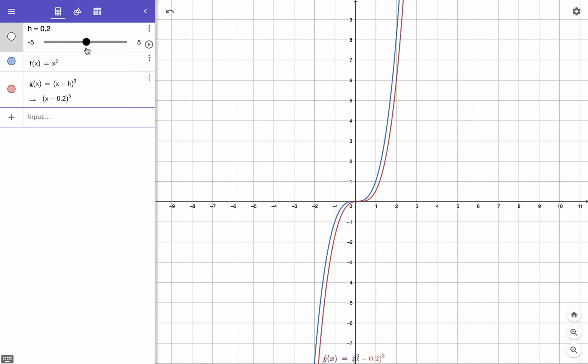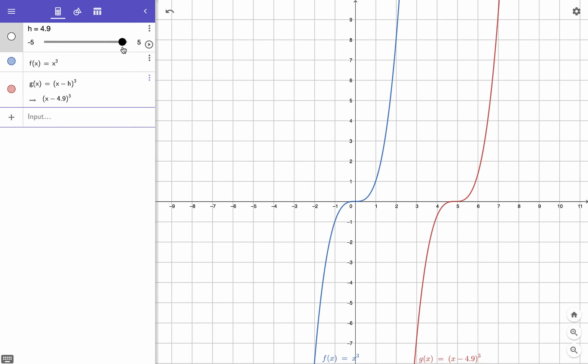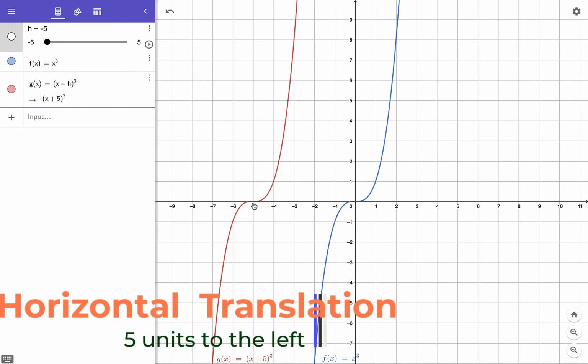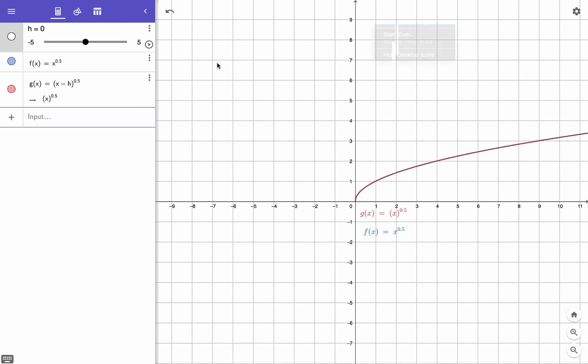If h is positive, like +1, it's 1 unit to the right, up to 5 units to the right. You can go to -5 here, so the function is x plus 5 all cubed. This graph is a horizontal translation in this direction, 5 units to the left.